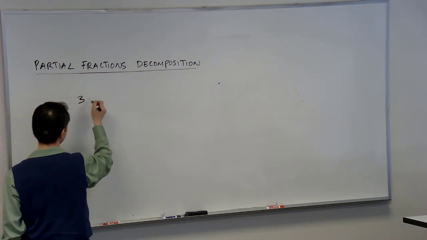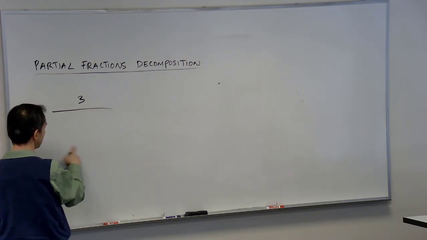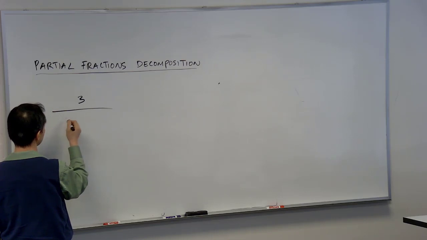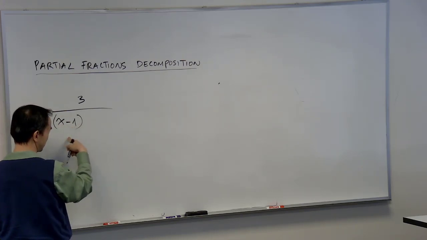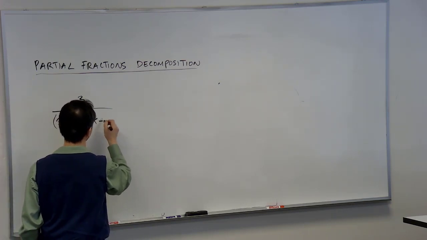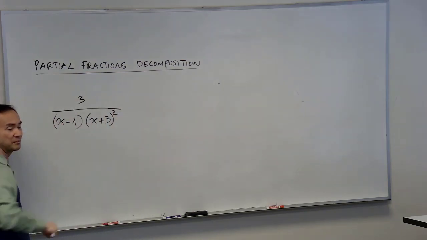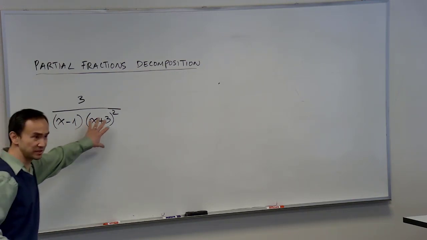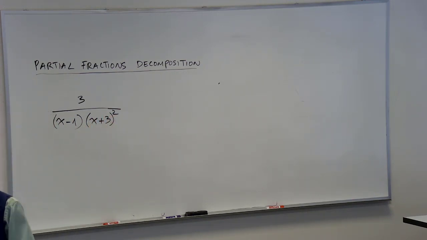And then x minus 1, and then there's an x plus 3 squared. That's what I mean by the non-distinct, or repeated, linear factors. So there are some repeated linear factors, whereas these are all distinct linear factors.